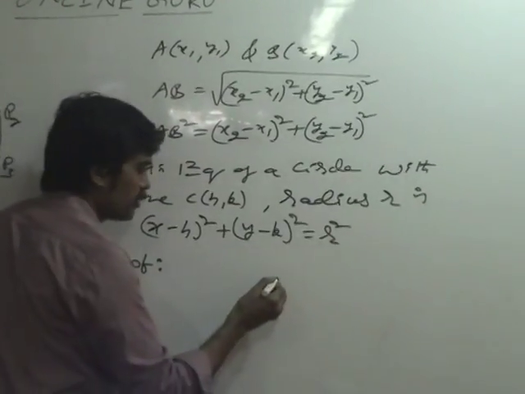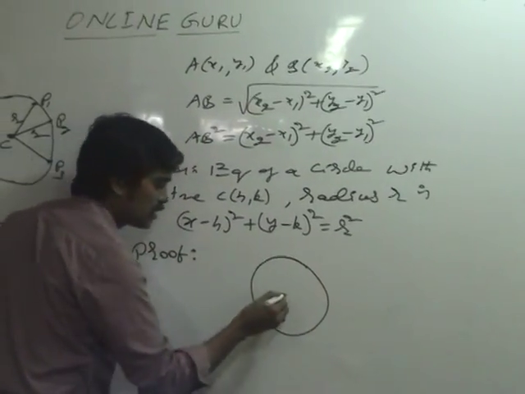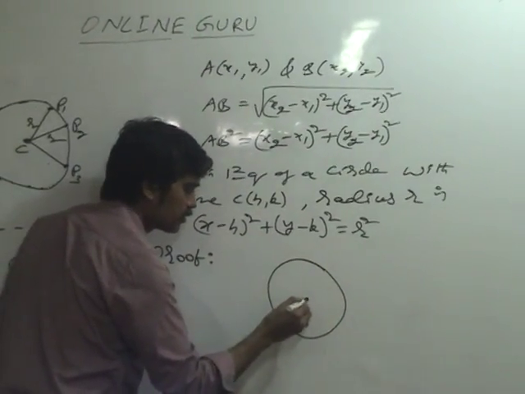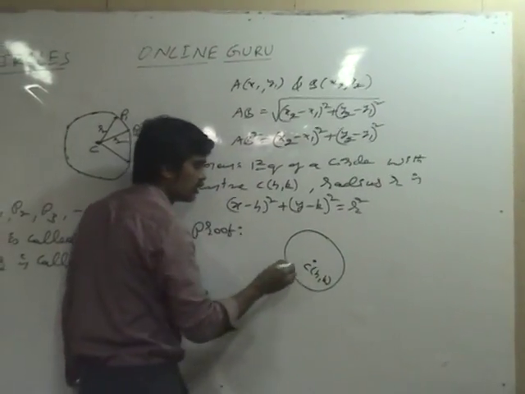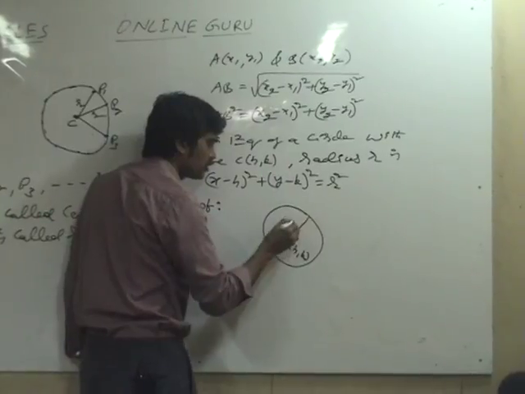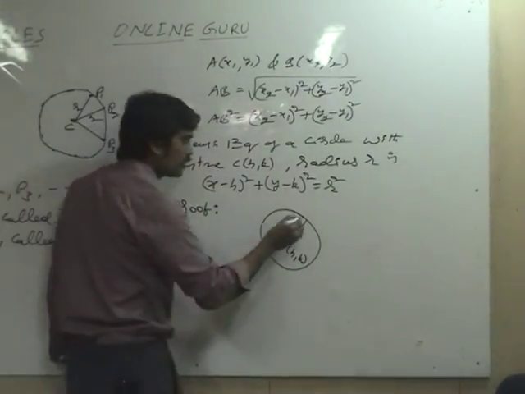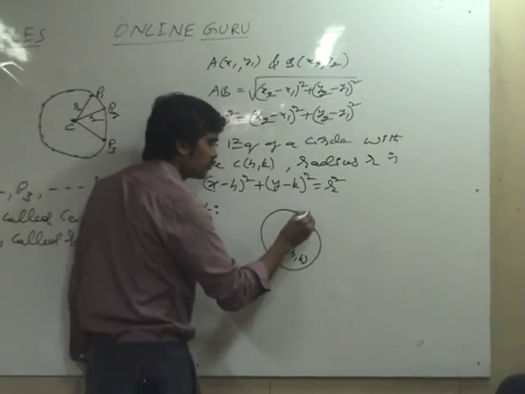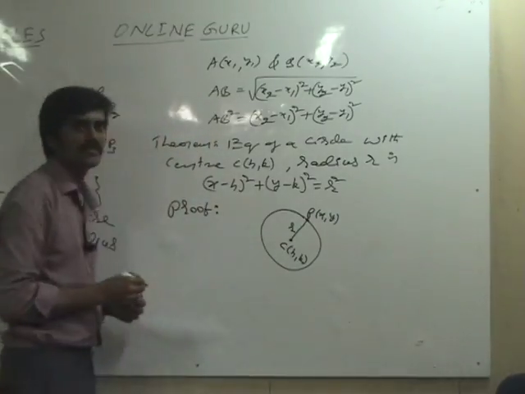Consider the circle. The center of this circle is C(h, k) and the radius of this circle is r. Here take a point P whose coordinates are (x, y).